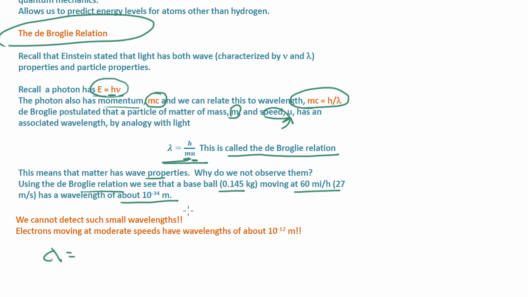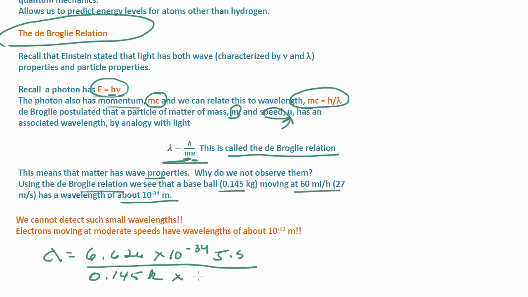The wavelength is going to be equal to Planck's constant, 6.626 times 10 to the negative 34 joules times seconds, divided by the mass, which should be in kilograms, 0.145 kilograms, times the speed, which should be in meters per second. So that would be 27 meters per second.